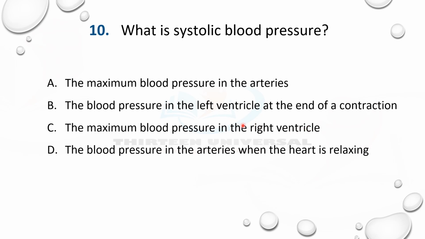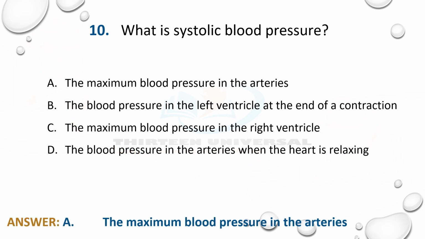Why? Because it pumps blood a longer distance, and the blood will face greater resistance. D says the blood pressure in the arteries when the heart is relaxed. No, this is called diastolic, the low, minimum pressure. So I think A is the answer.